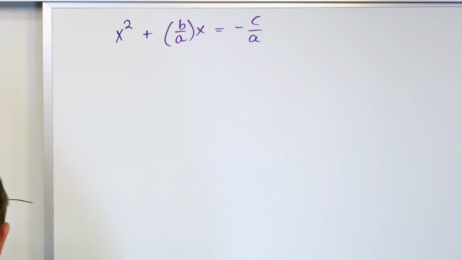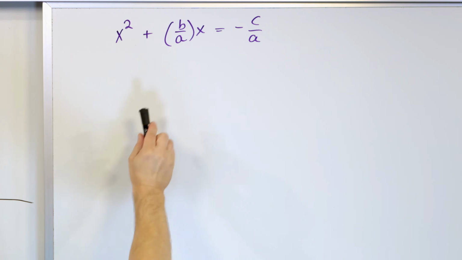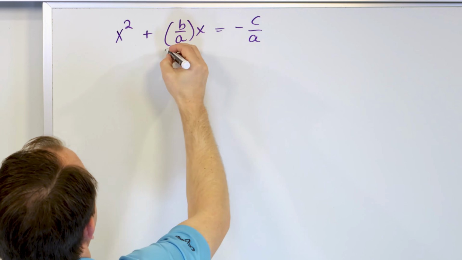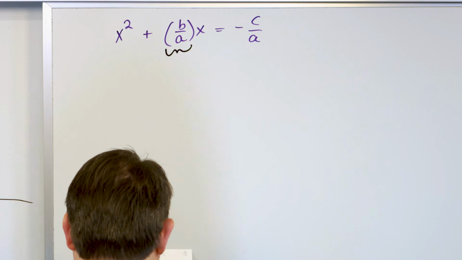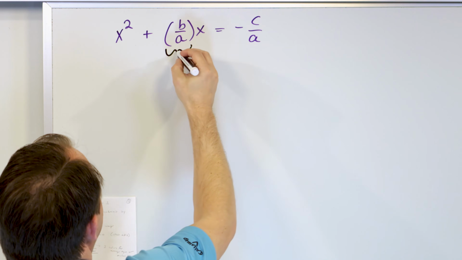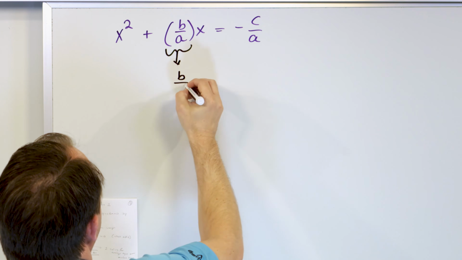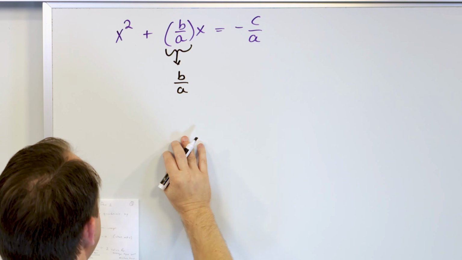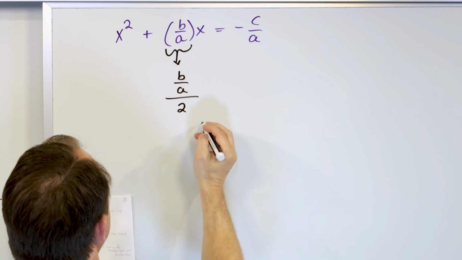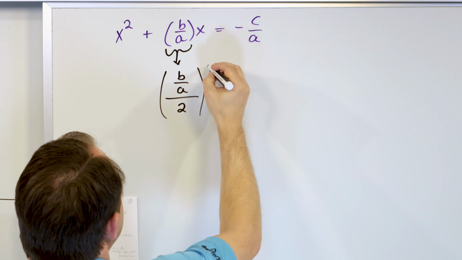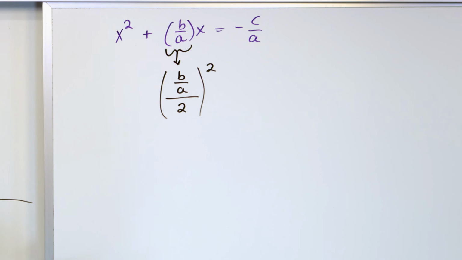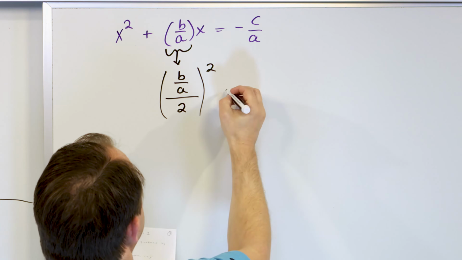Now for the next step, what I need to do is take 1/2 of this and square it. So what is that equal to? So b over a, that's a fraction, right? And I'm going to take that and divide by 2, and I need to square it. This is what I'm going to have to actually add to both sides of the equation, right? So what is this equal to?